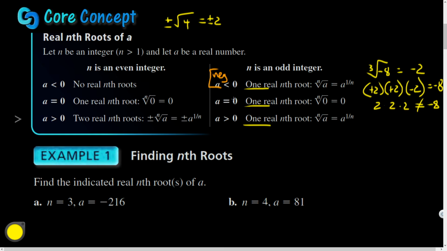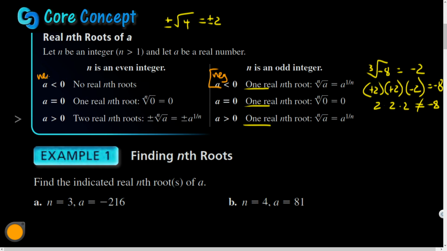If I take the nth root of 0, it's going to be 0. If I take the nth root of a positive number, it's going to be positive. Now, in the case of square roots or even roots, it's going to be quite tricky. We've already talked about imaginary numbers.